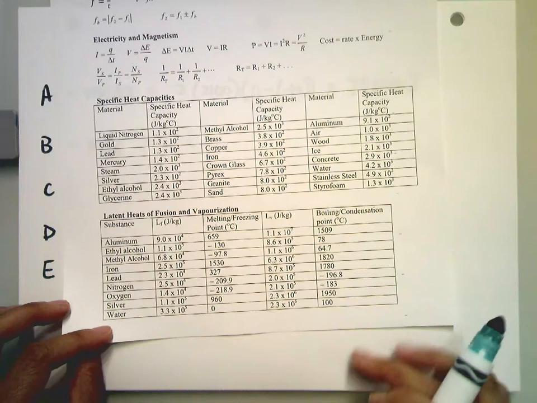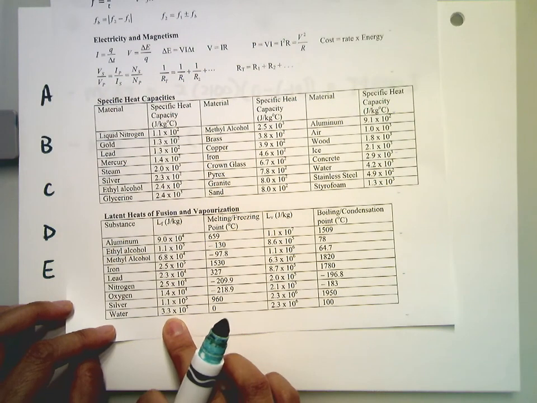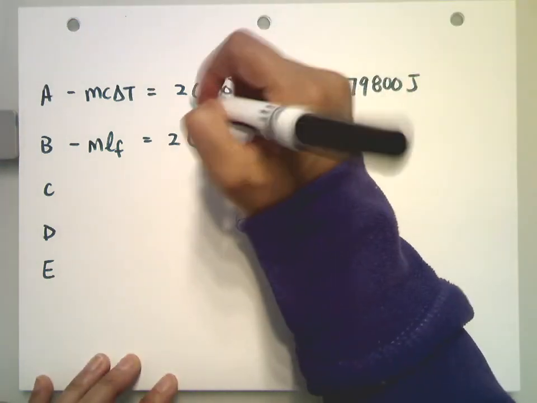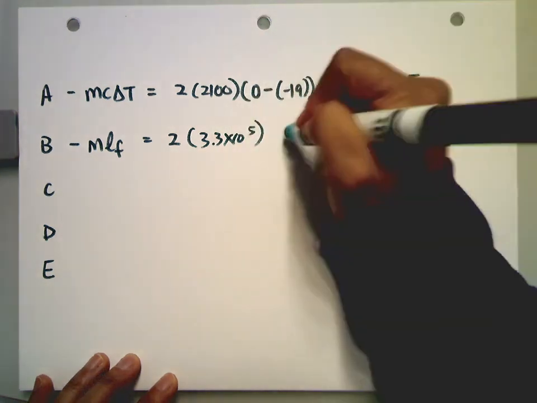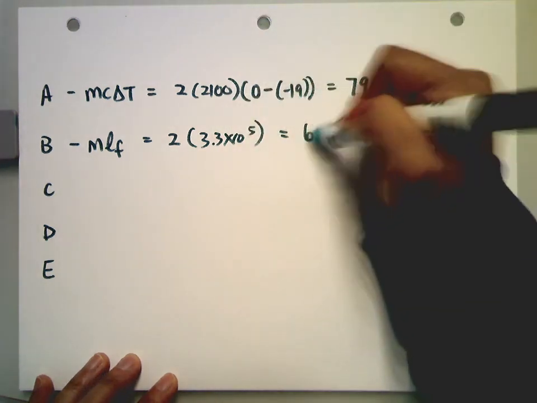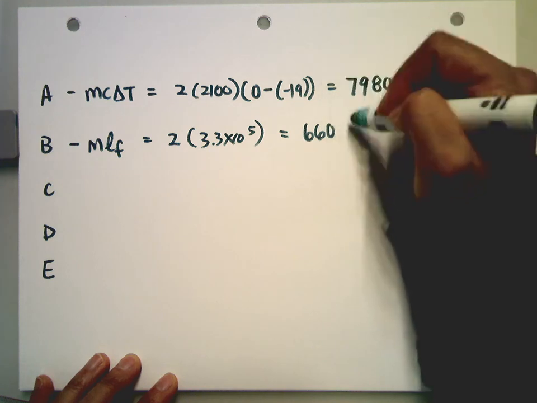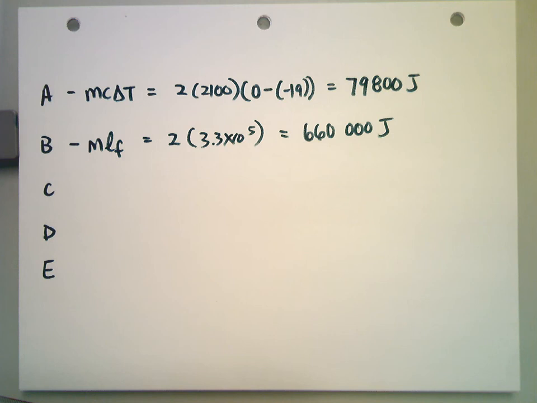Okay, latent heat of fusion, where did it go? I've got water. Here it is. So that's 3.3 times 10 to the 5. And if you multiply those two together, you're going to get 660,000. There you go. Okay, we just finished B.